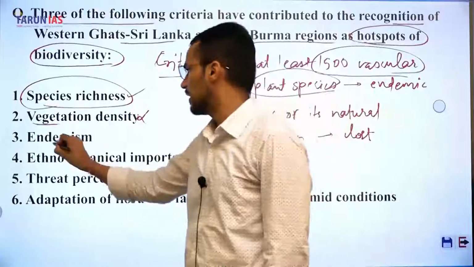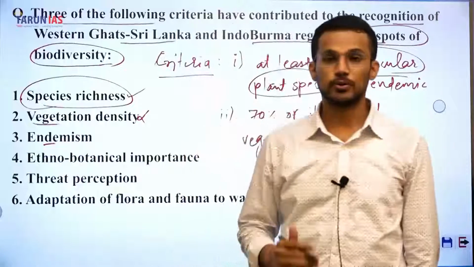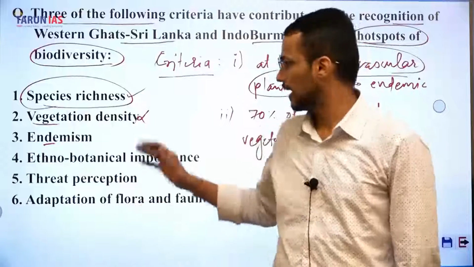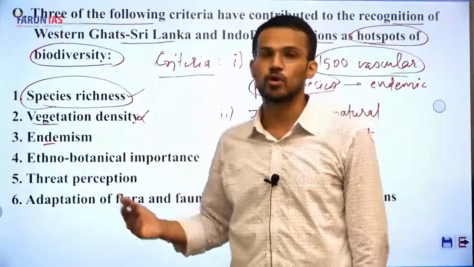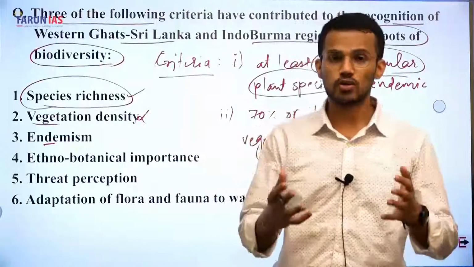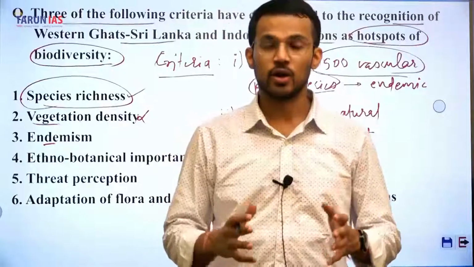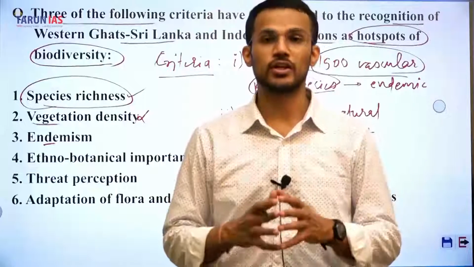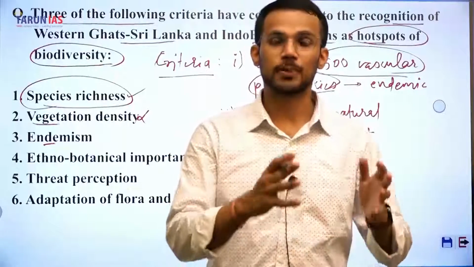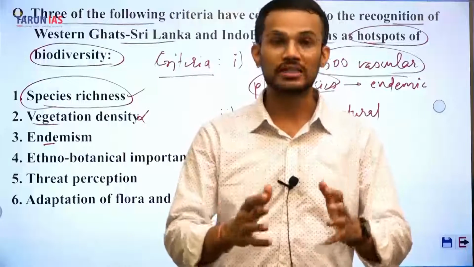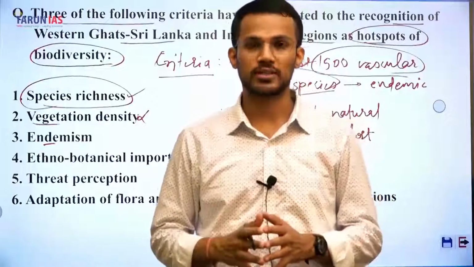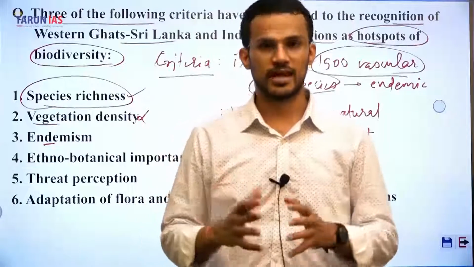Third is endemism. So before we discuss endemism being a criteria for biodiversity hotspot, what do we mean by endemism? Endemism means occurrence of a particular species at a particular location only. Right? So for example, Gir lions.